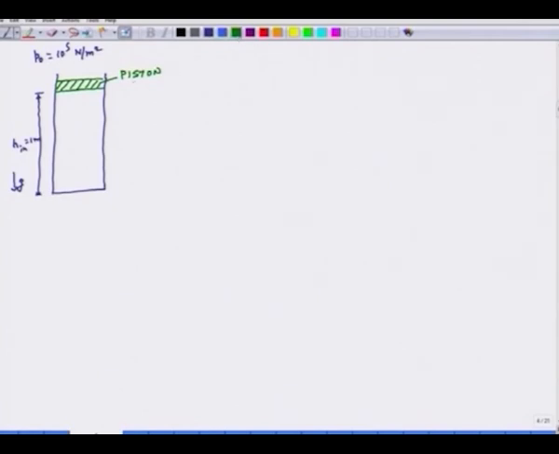The mass of this piston is 10 kgs, and I am going to release this piston, and as a consequence this piston is going to move downwards, and this is going to be the settled position of the piston.